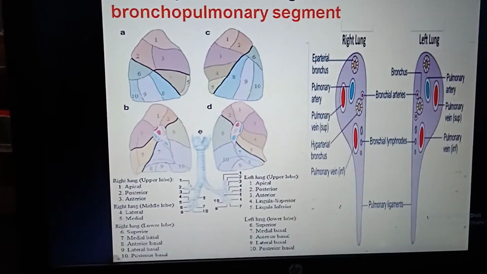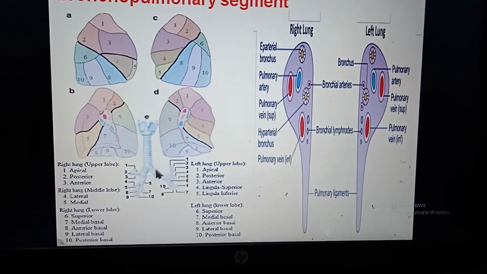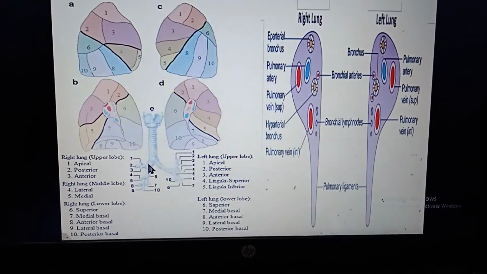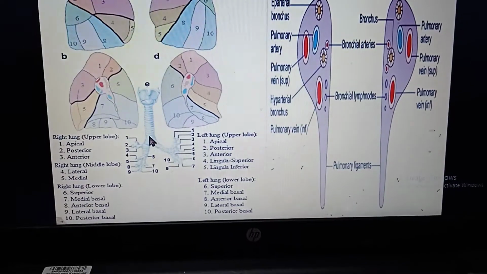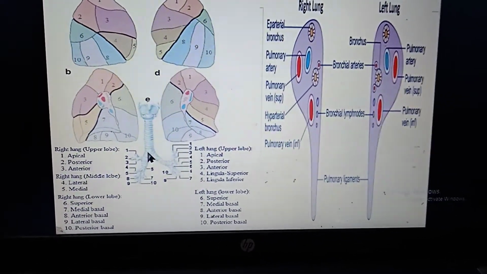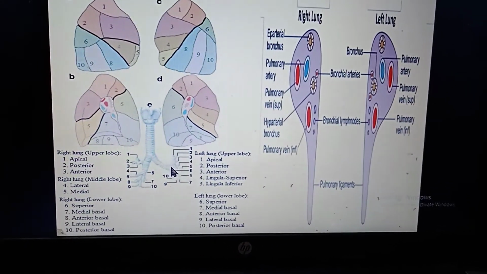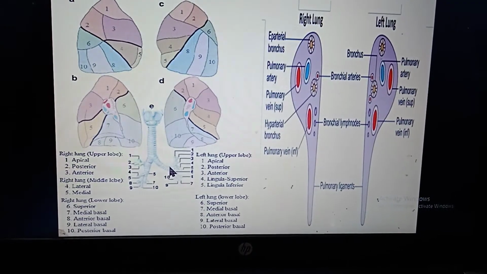Here you can see this is right bronchus, and it is more broad and shorter compared to left bronchus, which is longer and somewhat narrower.